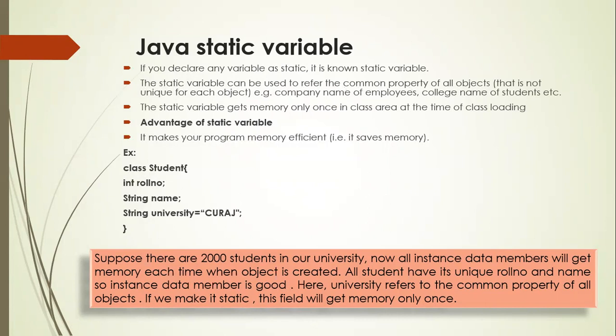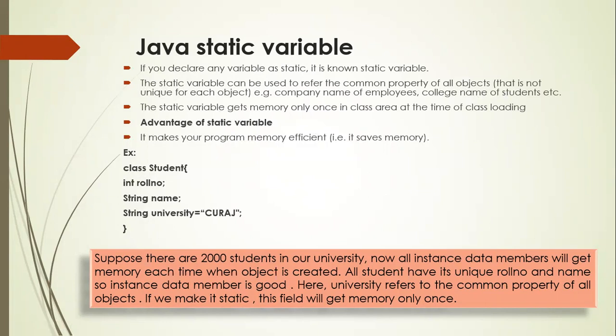Similarly, the college name of a student is common for all the objects. The static variable gets memory only once in the class area at the time of class loading.